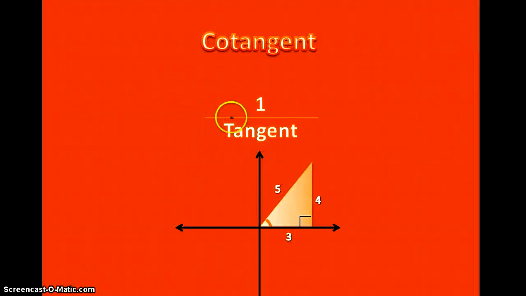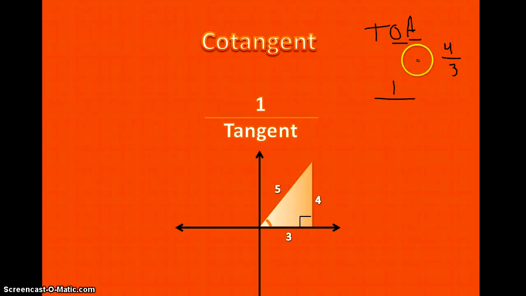And lastly, we have cotangent, which as we always know, is 1 divided by our tangent. So to find tangent is TOA. So we have opposite, which is 4, divided by 3 for our adjacent, which gives us 1.33, or 1.3 repeating, excuse me.